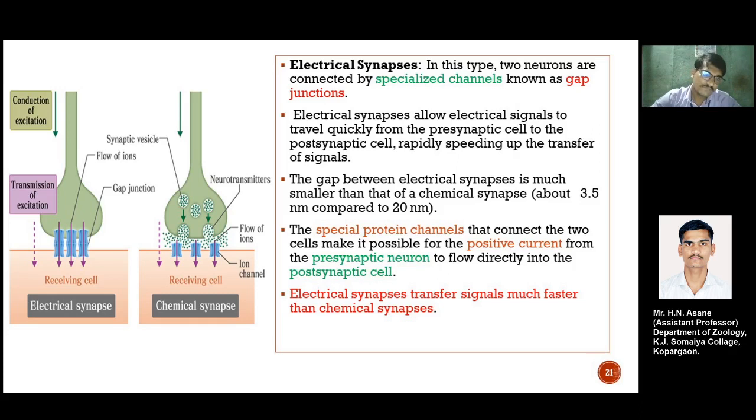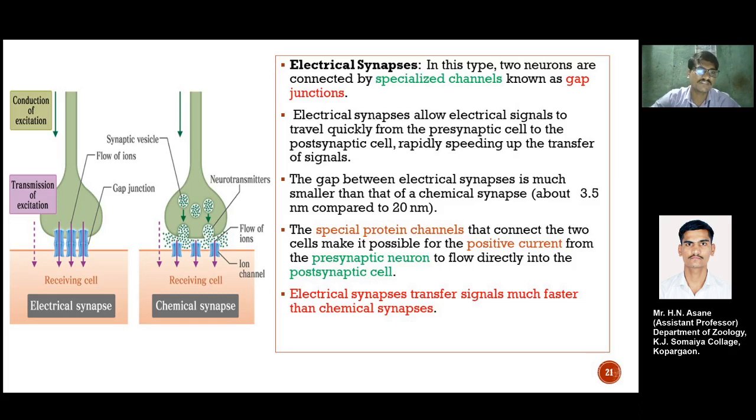Similarly, in the electrical synapse, the conduction of excitation is carried out by the axon, and the excitation is transmitted directly through voltage-gated gap junctions, passing the electrical impulses directly as a message.